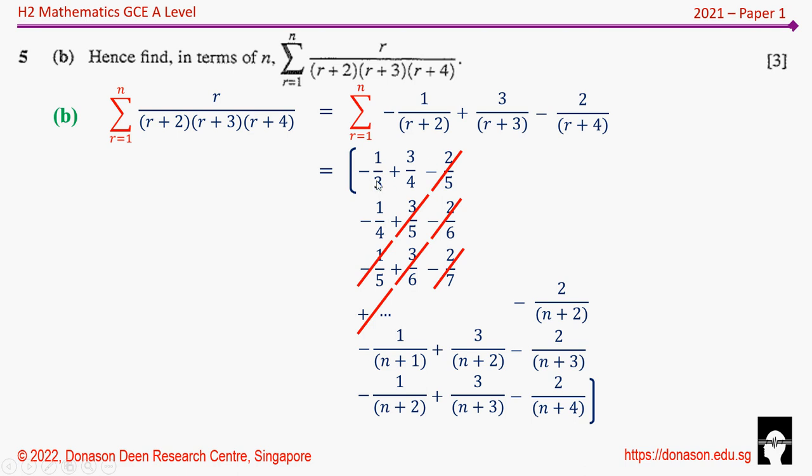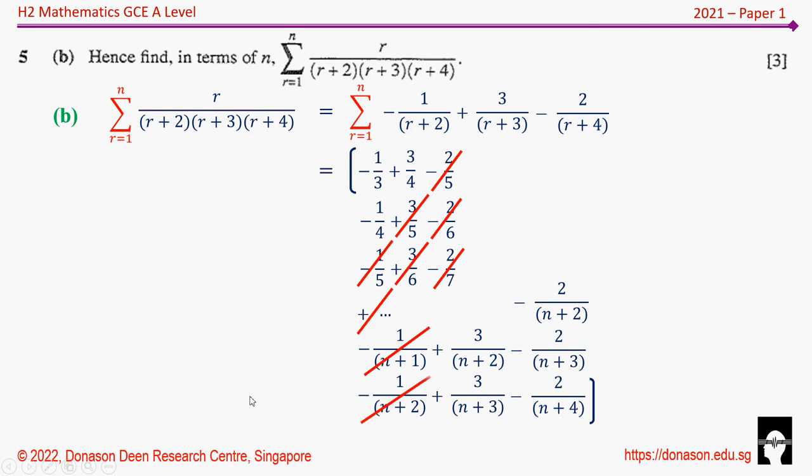And if you look at it, in the first line I will have the first term and the second term left, and on the second line I will have only the negative 1 quarter left. So there are 3 terms left from the first and the second row. And if I cancel everything, if you take a look at these 3 terms diagonally across, minus 2 over n plus 2 minus 1 over n plus 2 is going to give you minus 3 over n plus 2, and to that if I add plus 3 over n plus 2, it's going to become 0.